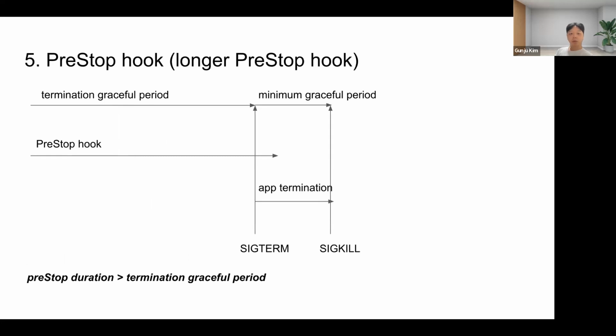And if the pre-stop hook takes longer than the termination grace period, then the kubelet will just ignore that pre-stop hook and terminate the container with the minimum grace period, which is 2 seconds. So this is the exceptional case.